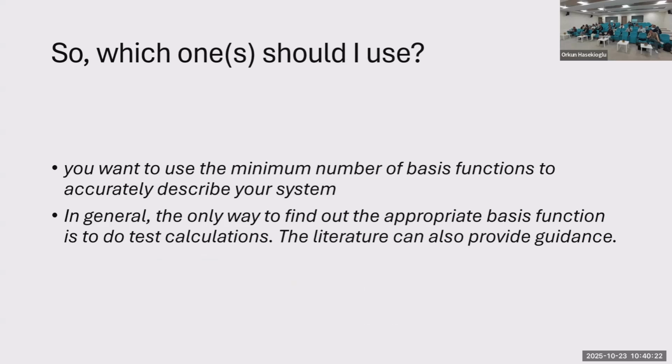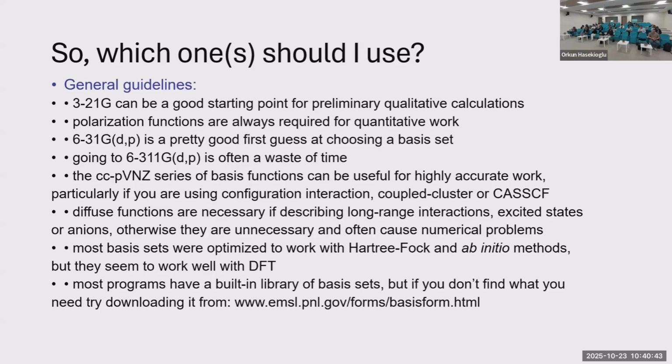So which one should you use? You want to use the minimum number of basis functions to accurately describe your system. In general, the only way to find out the appropriate basis function is to do test calculations, and the literature can also provide guidance.